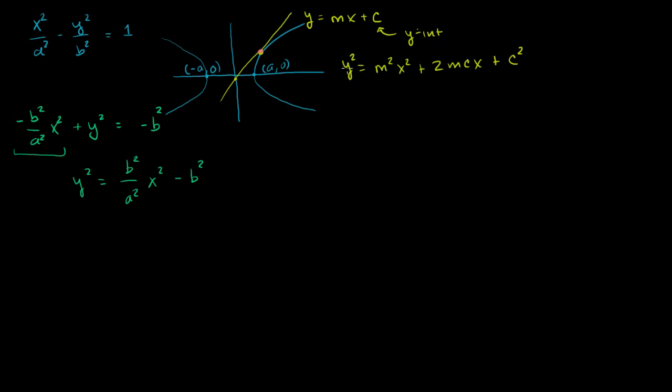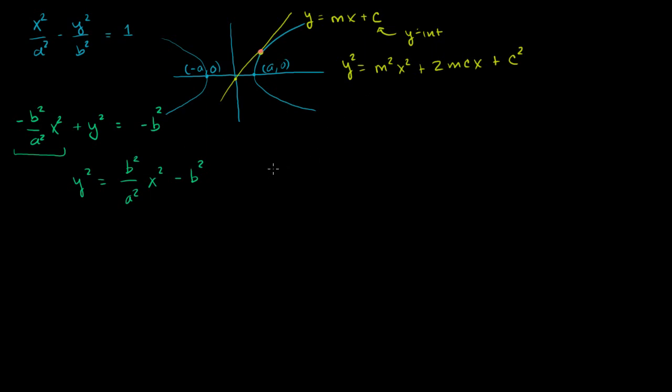So we can set this y squared being equal to that y squared, and then try to solve for the x. Obviously, we won't be able to solve for the x because there are so many variables. But we can find a relationship between this a, this b, this m, and this c. There's only one point of intersection, which by definition would have to be at the tangent point. So let's do that.